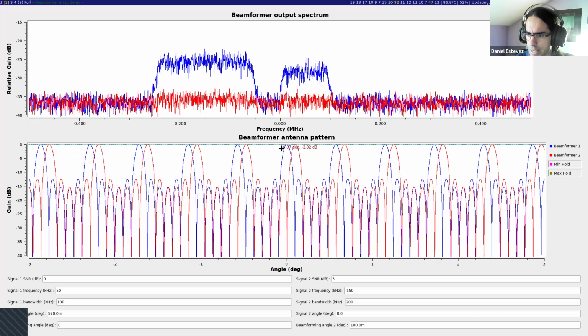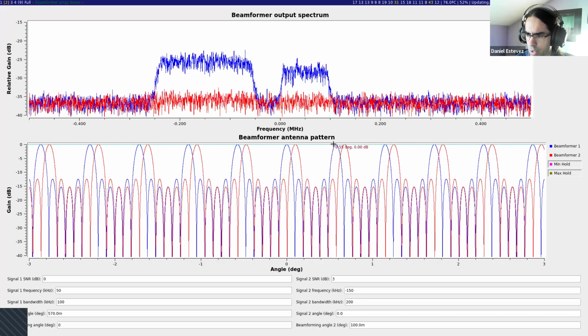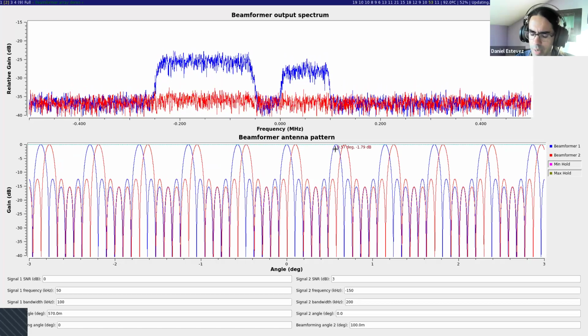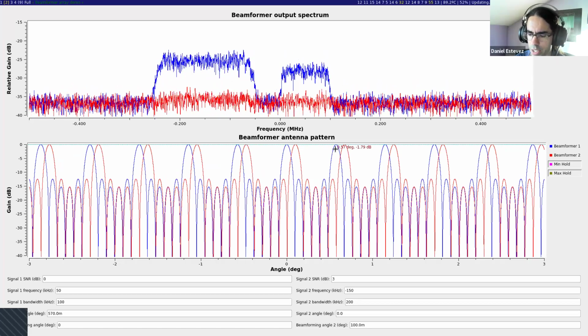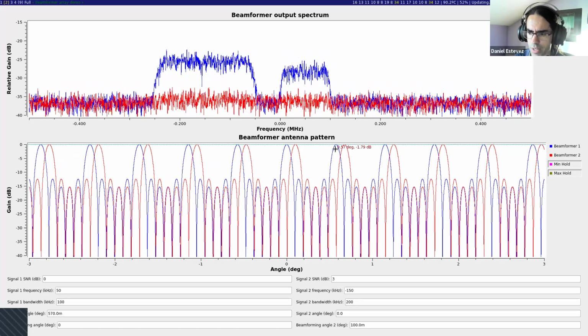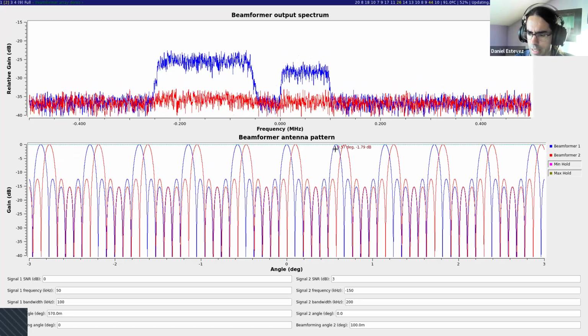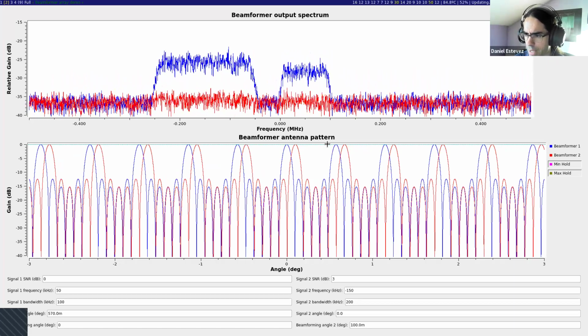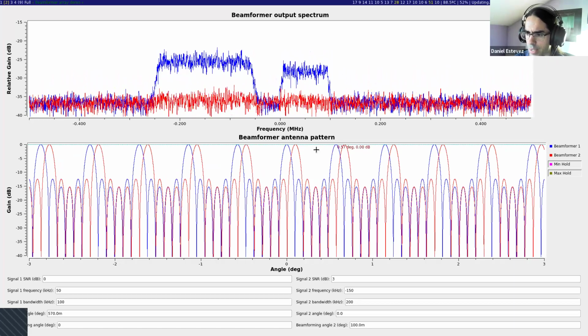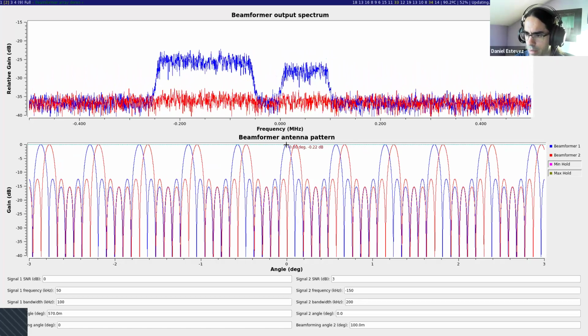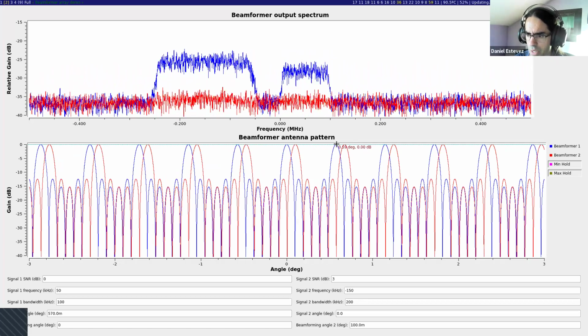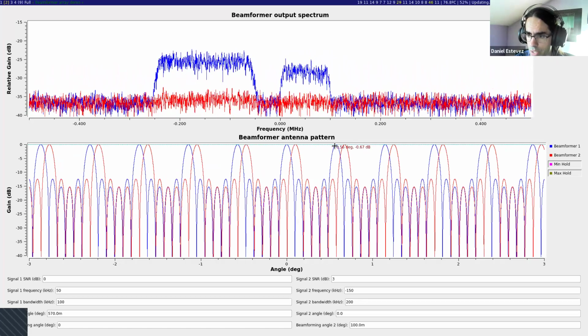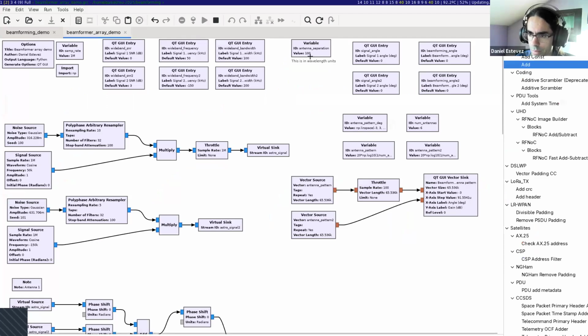The other formula is the distance to the grating lobe. This only applies in the case of a regular array, such as this one. The other formula, this lambda over d, is generic. You can use it on any array. But for this one, we need a regular array, and then basically we need the separation between each pair of antennas. So this 100 here.